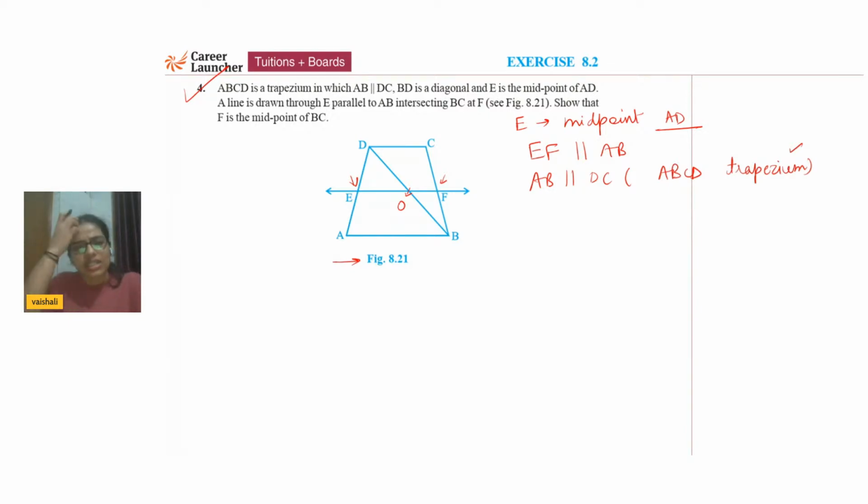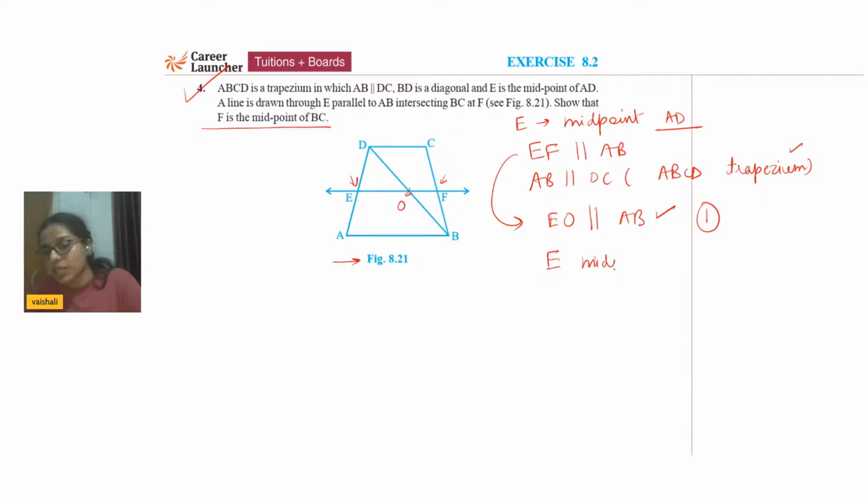Now the next thing is we need to show that F is the midpoint of BC. This is something we need to prove. Just remember that if EF is parallel to AB, it's easy to see that EO will also be parallel to AB. Notice this as the first point, and E is the midpoint. Can I make use of the midpoint theorem once again?